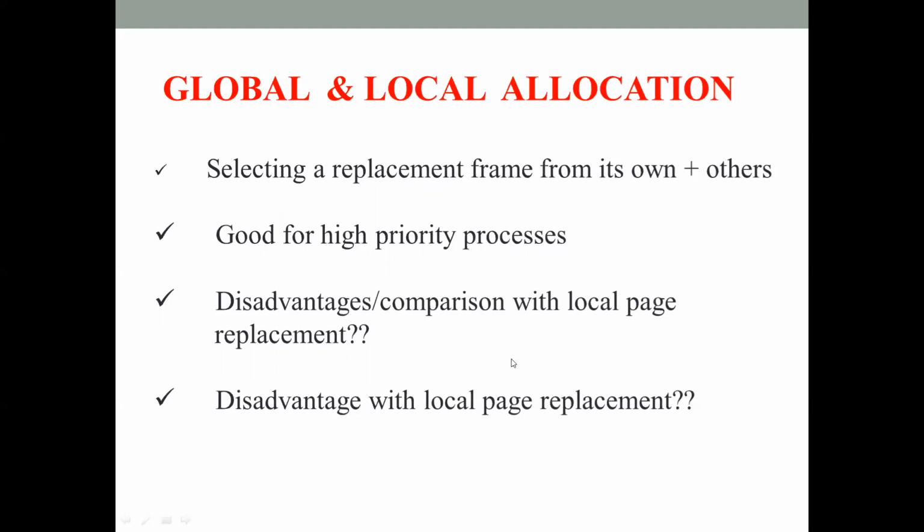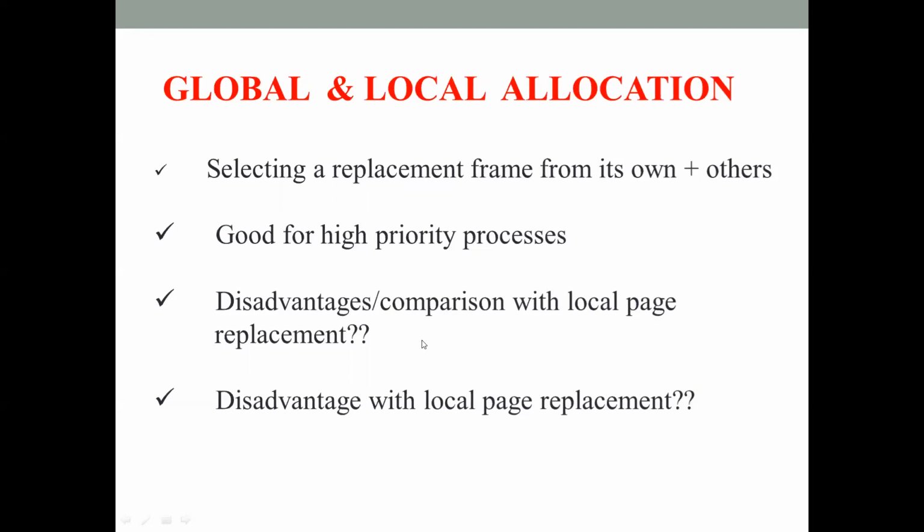When you compare it with the local page replacement policy, the disadvantage of the global page replacement algorithm is that a process cannot control its own page fault rate. That is, if a process makes use of global page replacement, which pages are going to be in memory depends not only on its own paging behavior, but also on the paging behavior of other processes, because any process can take away the frame of any other process.